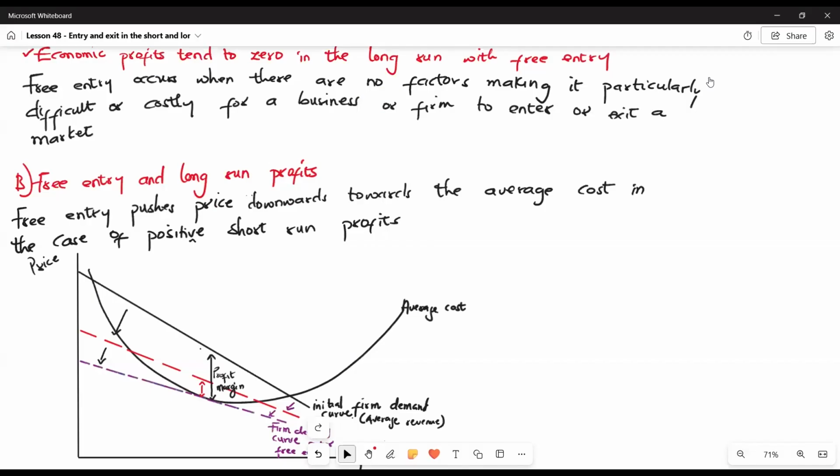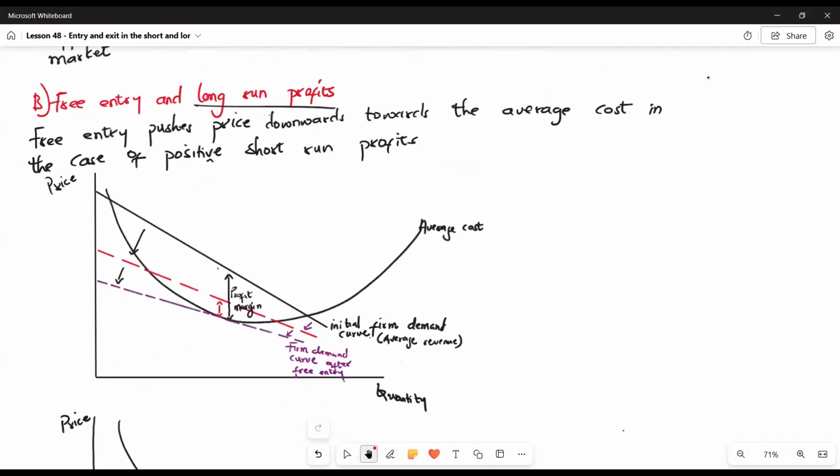So now let's look at how this free entry affects long run profit. Free entry usually pushes the price downwards towards the average cost curve in case of positive short run profit. In the short run, firms can earn profit when price exceeds average cost.